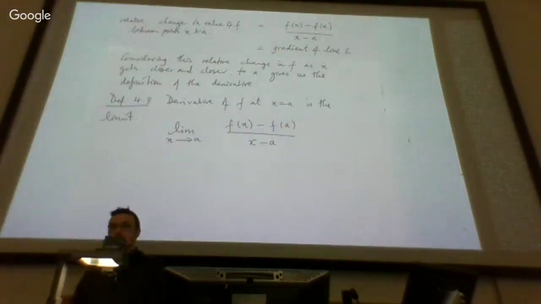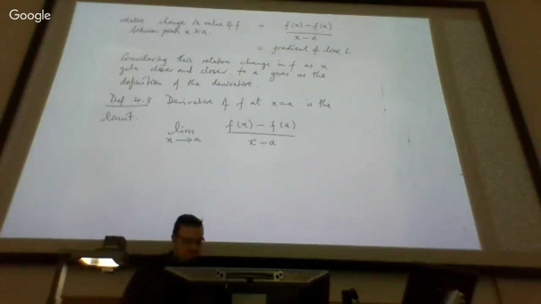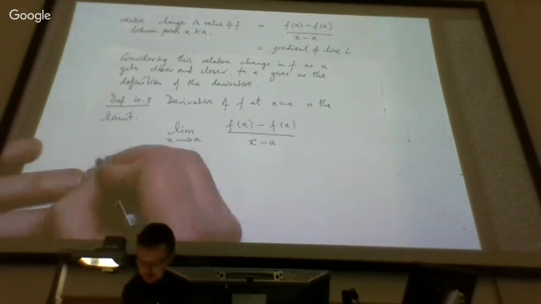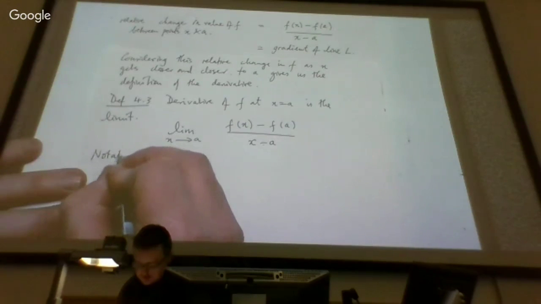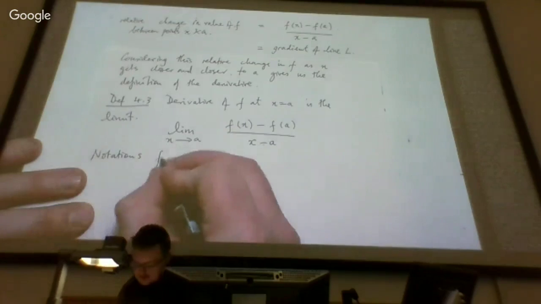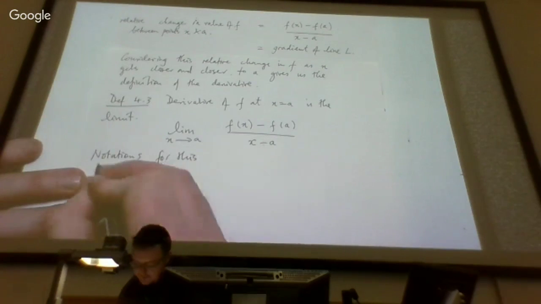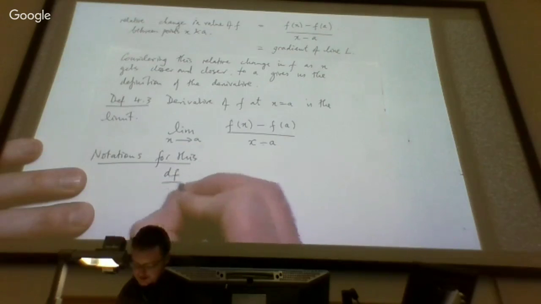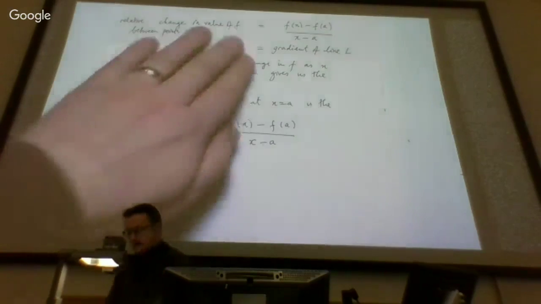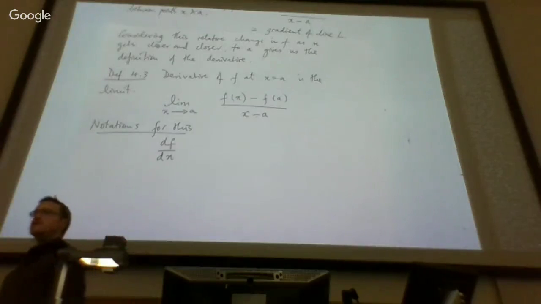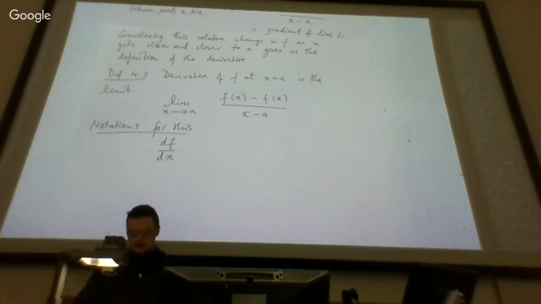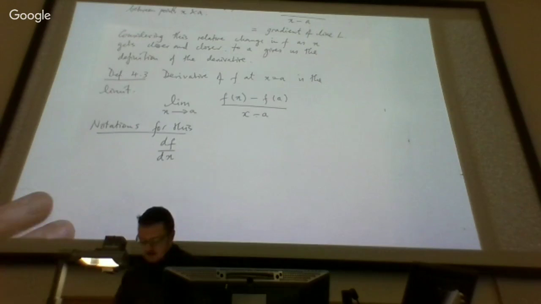Now there are various notations for this, but the two main notations we're going to make use of. The most traditional one is the notation df dx. So this represents the derivative of the function f with respect to the variable x. So the variable x is included in the notation.